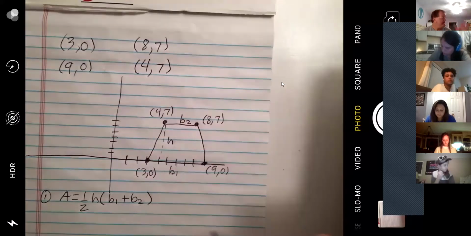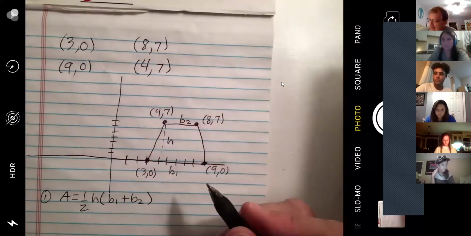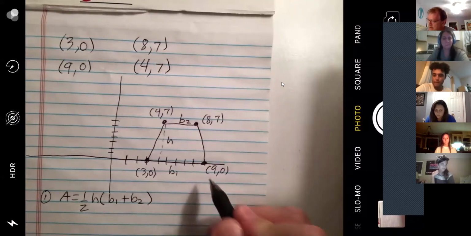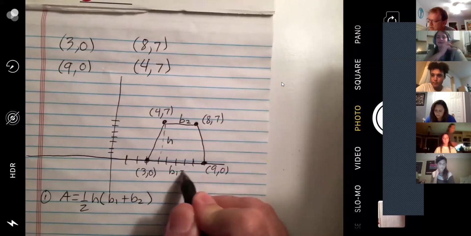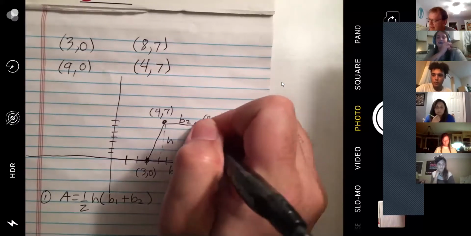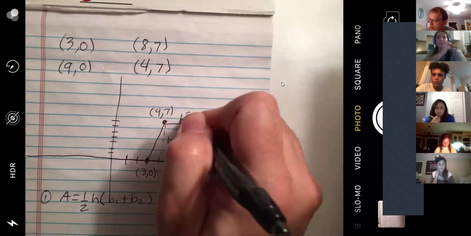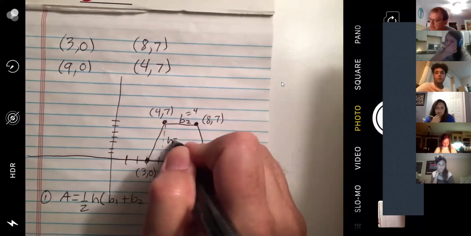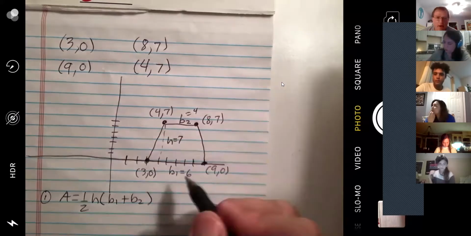Thank you very much, Sterling. Okay, now it looks like b1 is the difference between 9 and 3, so that's 6. The b2 is between 8 and 4, so that would be 4. And your h is this vertical height, which looks like 7.